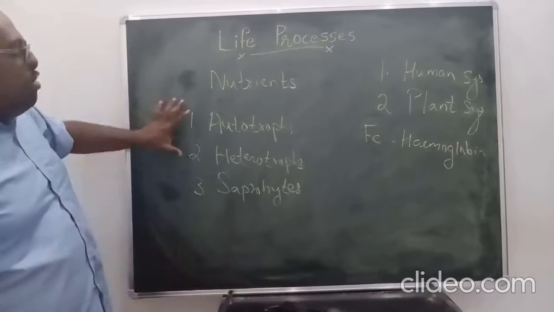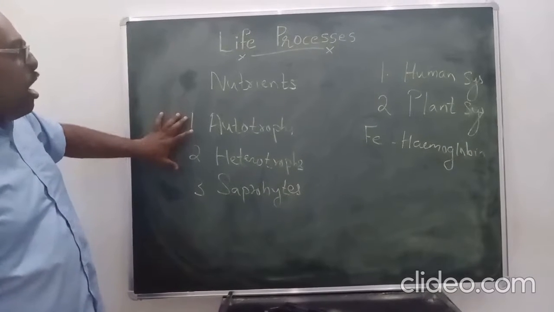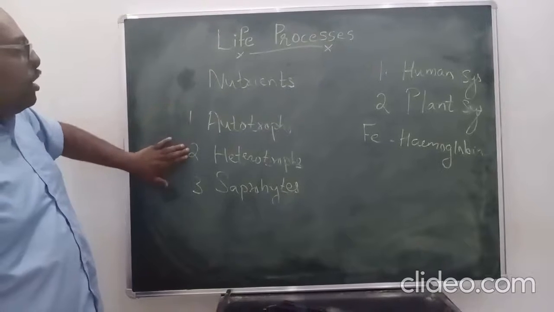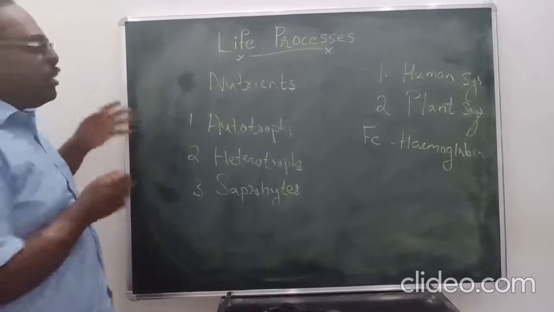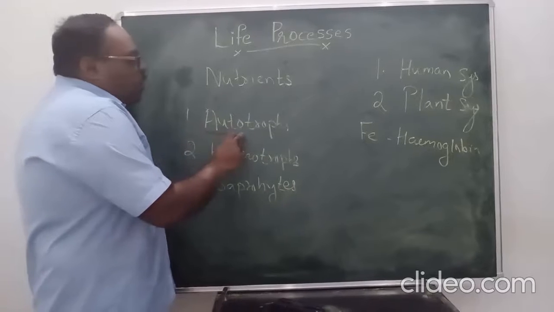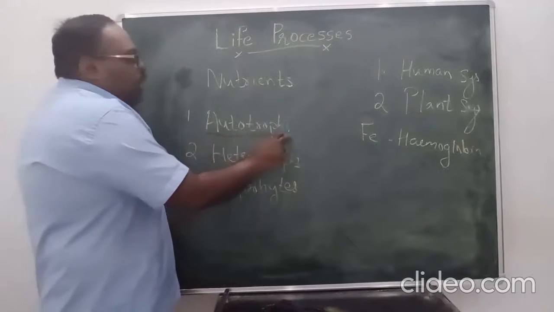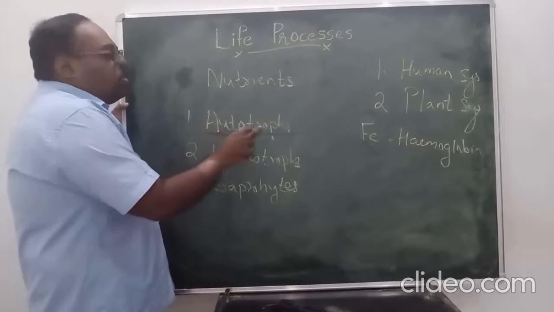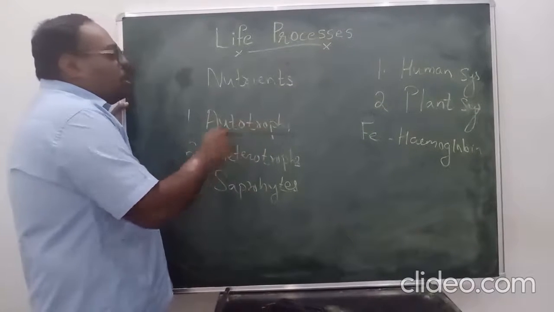These are the 3 major ways in which nutrients reach the entire system. First we will go one by one. What do we mean by autotrophs? Auto means self, and trophs means production, whose product is their own.